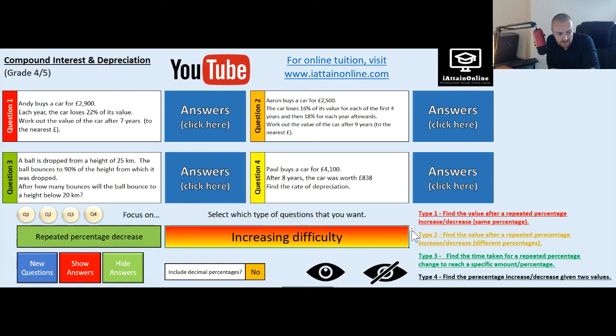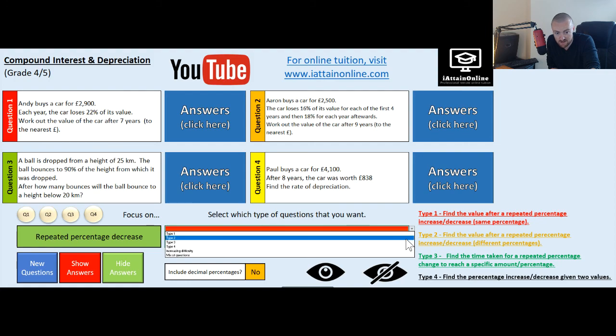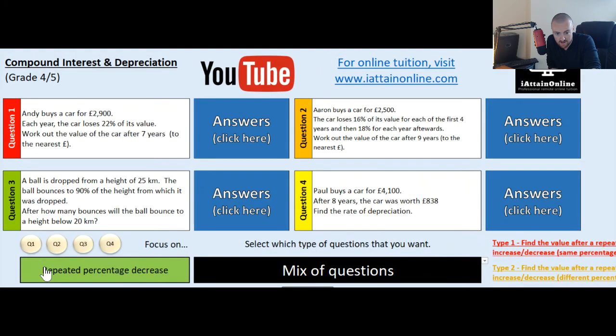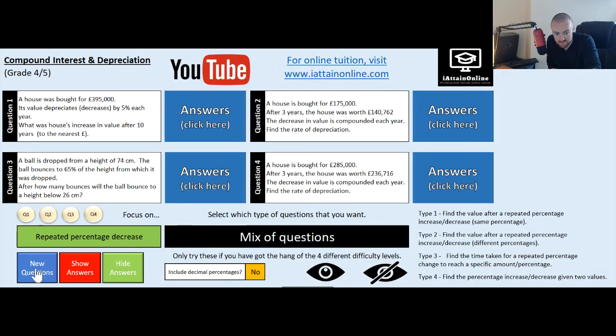You can focus on a particular type of example that we've done, or increasing difficulty, and when you've got the hang of them, you can get a mixture of all the types of questions. If you're getting those right, that shows a really good understanding. If you want to make it even more tricky for yourself, you can include decimal percentages.